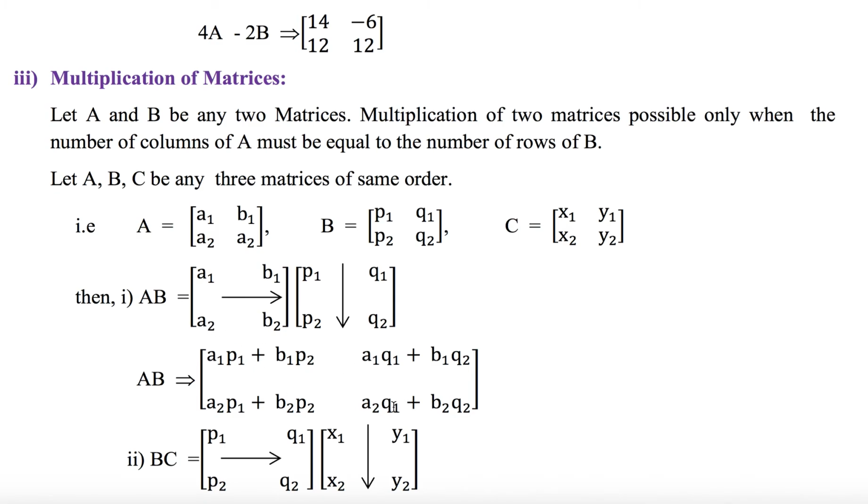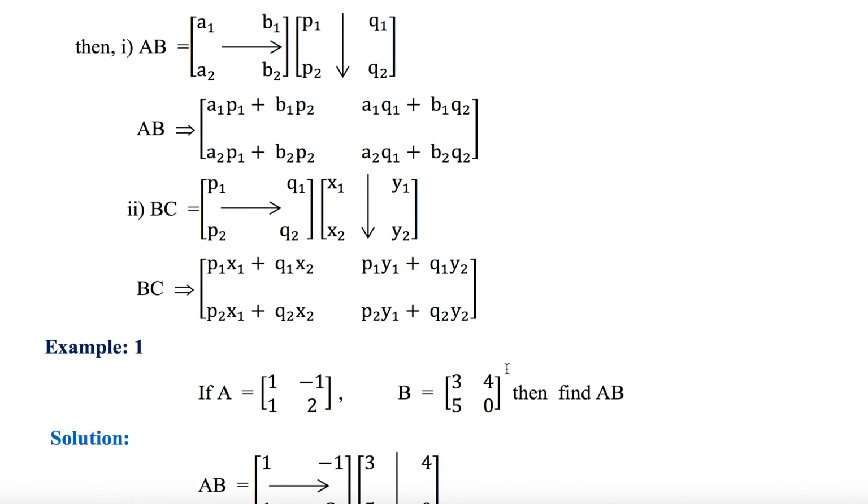Similarly, if you want the second row, second column element for AB, this can be obtained by multiplying the second row of A with the second column of B. That is A2 Q1 plus B2 Q2. Not very difficult. Similarly, you can perform BC here: P1 X1 plus Q1 X2, P1 Y1 plus Q1 Y2.